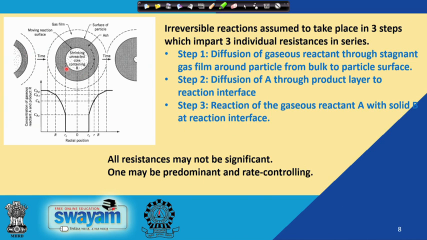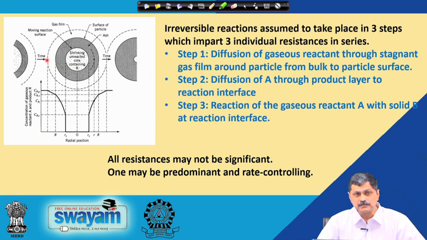You can see that the particle is surrounded by the gaseous fluid reactant. The fluid reactant diffuses across a stagnant film around the solid particle, reaches the surface, and then it diffuses through the product layer, reaches the reaction interface, and then it reacts.